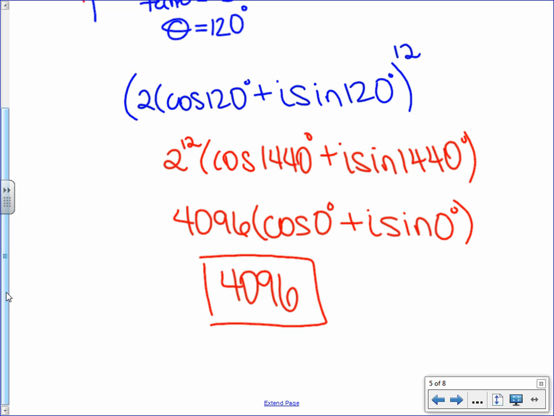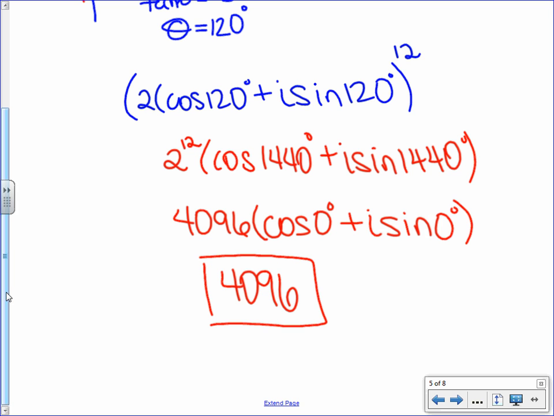When we talk about roots, if I'm talking about the square roots of 1, what numbers get squared to equal 1? Negative 1 squared and positive 1 squared would both equal 1, right?